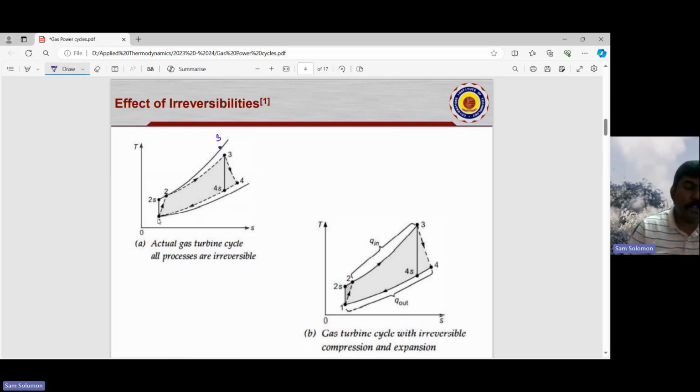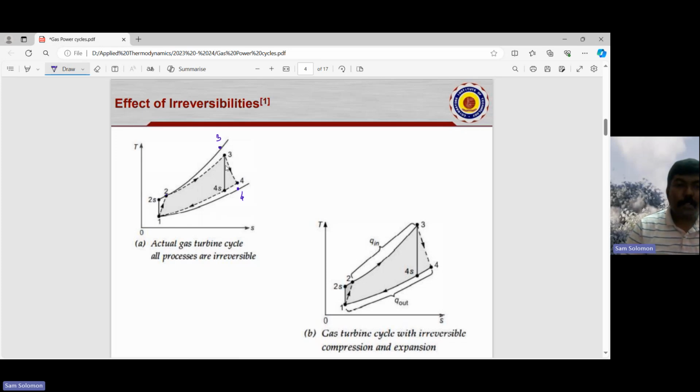And you can see that 1-2s is the isentropic process, and 2s has shifted to 2. 4s has shifted to 4. And you can see that there is no change in 1, but 4, which ideally would have been here on the constant pressure line, has now shifted to a line which is away from the constant pressure line.